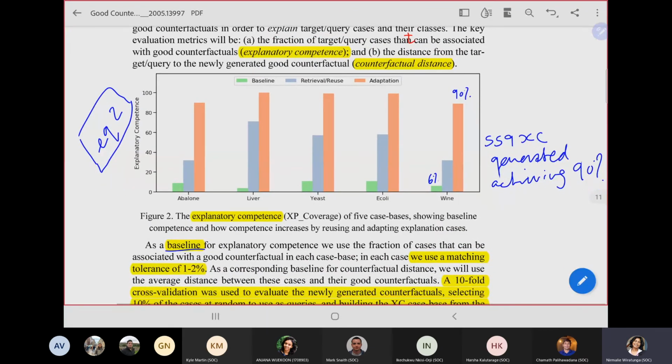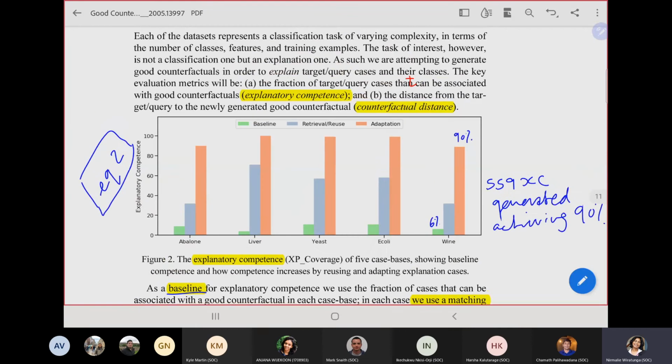So I suppose they have some very interesting results that in the first case show that the explanatory coverage of their case base is significantly, or not statistically, but in terms of values, quite high, that the increase is very prominent here. The baseline is, if you just don't use retrieval, don't use adaptation, just use the existing counterfactuals.